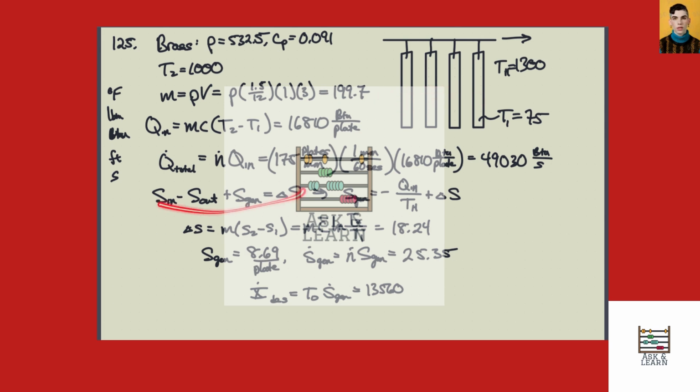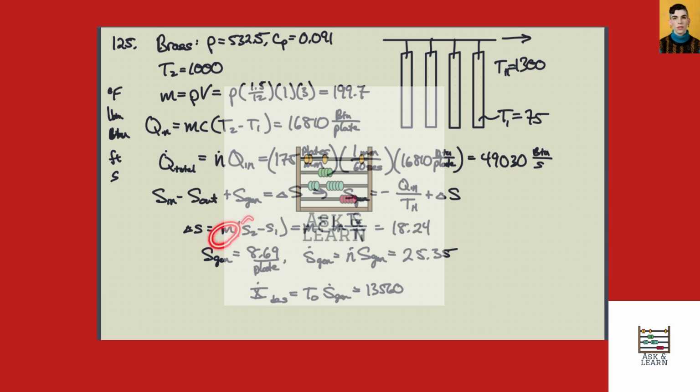Now we turn our attention to entropy. The entropy in minus the entropy out plus the entropy generated is the change in entropy in the system. The entropy in and out is just from the heat transfer. So the entropy generated is the entropy from the heat transfer, minus that depending on what we assign, plus the change in entropy of the plates.